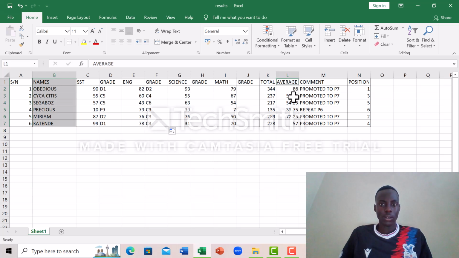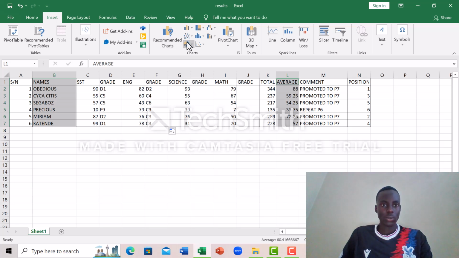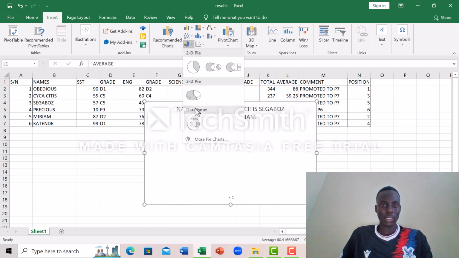We shall come here and also highlight. Then we shall come to insert. Then we shall go to graph. So we shall maybe use a donut, or we shall use a pie chart.